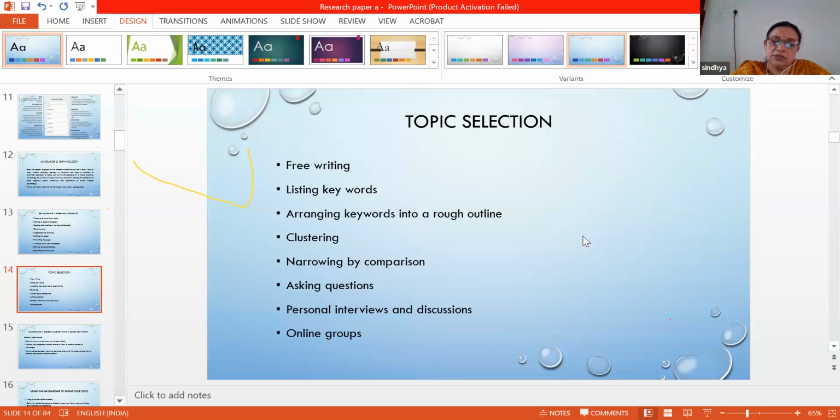All the resources we can use for selecting a topic, we can list out from our own reading. We can select appropriate variables, and we can make it through comparison. We can ask ourselves what is required, what is possible, and what is the feasibility. All these must be questioned. And we can conduct personal interviews.